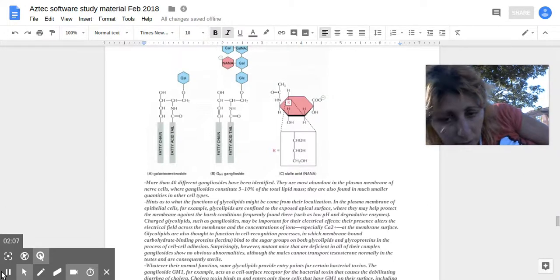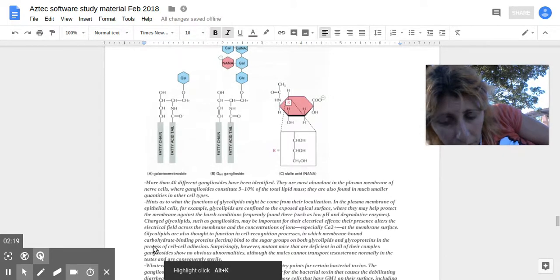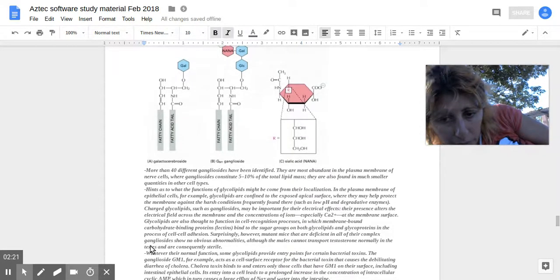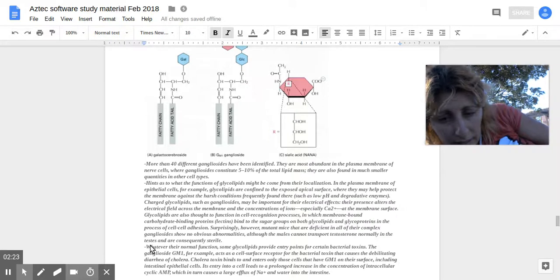They also function in cell recognition processes, in which membrane-bound carbohydrate-binding proteins called lectins bind to the sugar groups on both glycolipids and glycoproteins in the process of cell-cell adhesion.